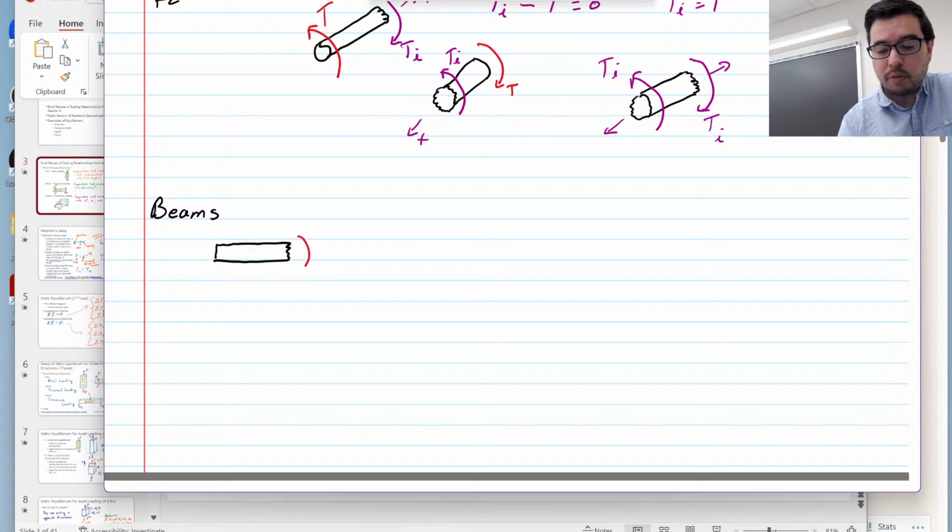We always have a smiley face, so the moment, this is an internal moment, that way. But then we also have internal shear force, we'll call it like that, and that's down.